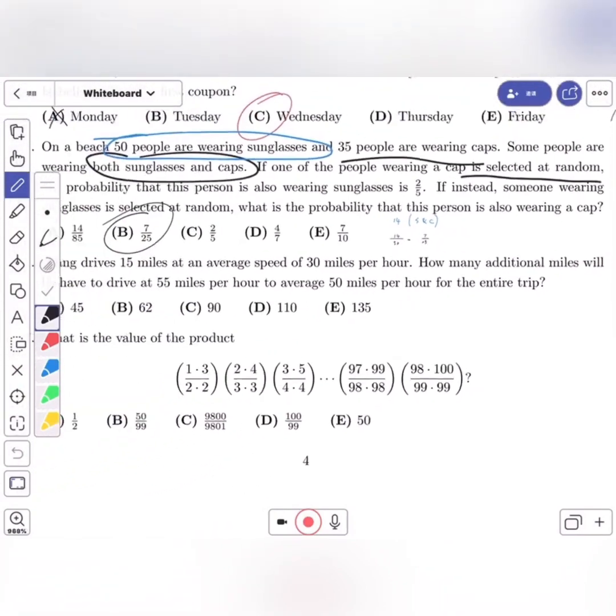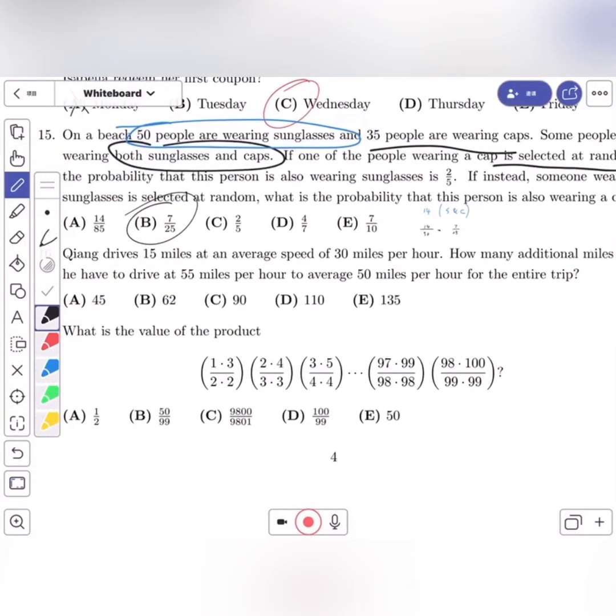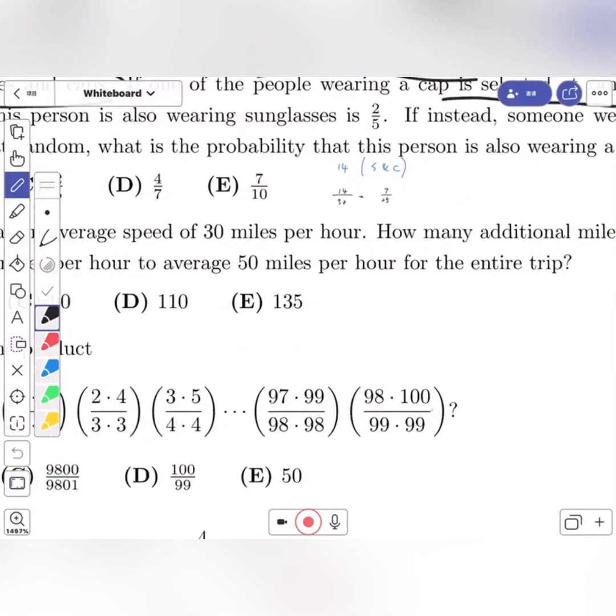Driving 50 miles at 30 miles per hour basically means it takes 5/3 hour.